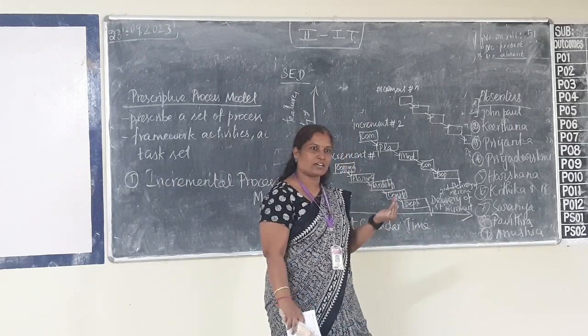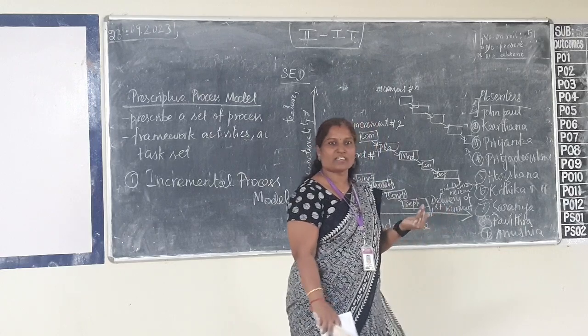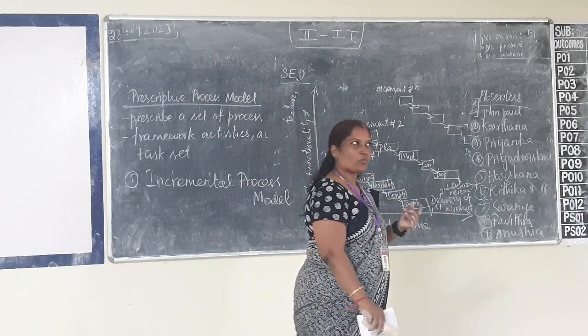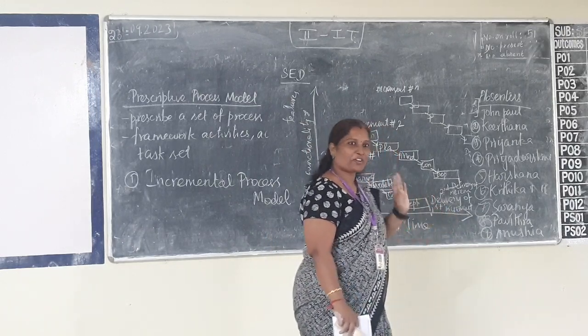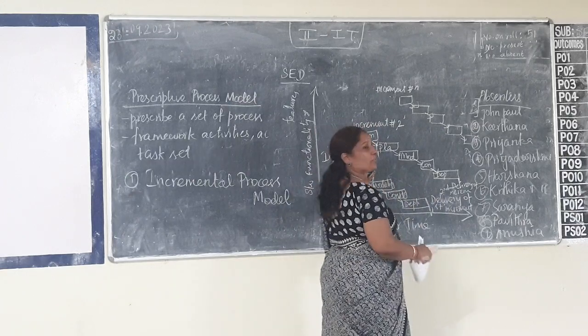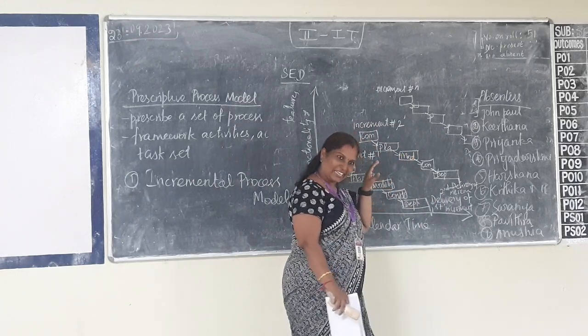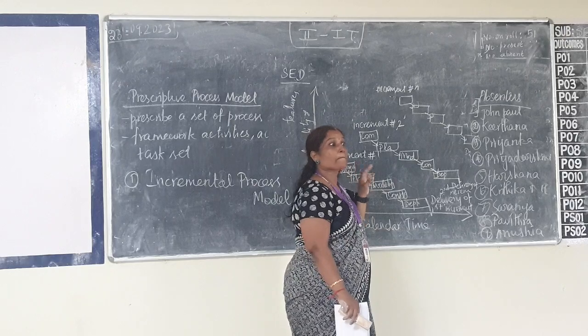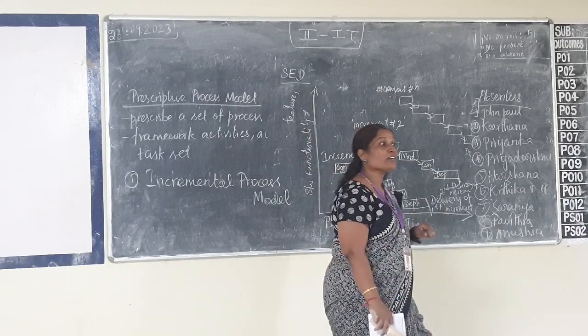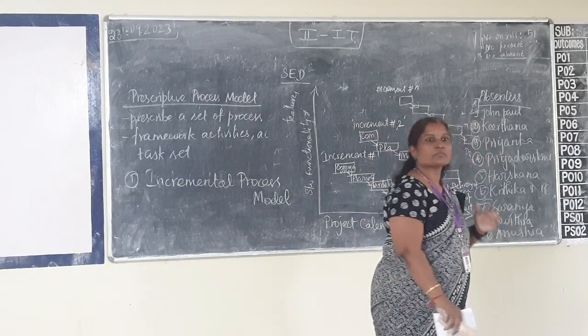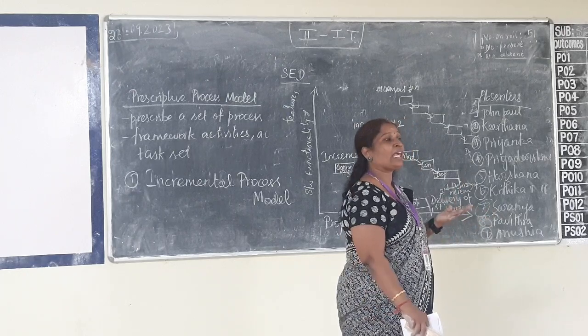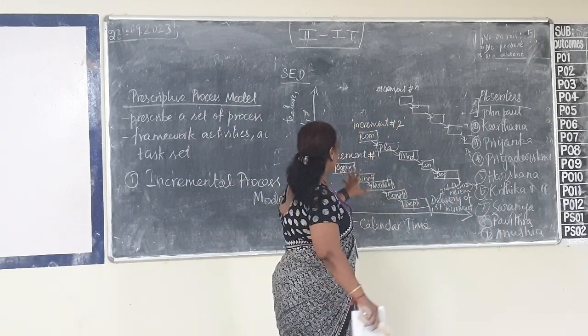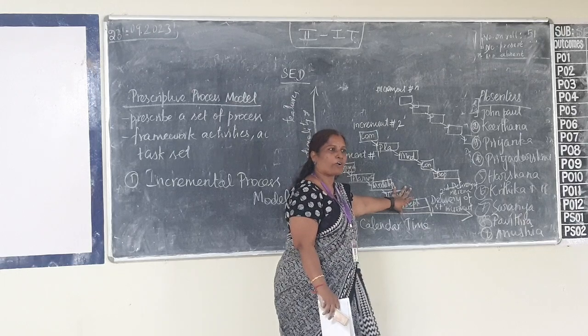We discussed a set of process flow models, right? Waterfall, of course. Iterative, linear, parallel. The individual increment is a waterfall model.